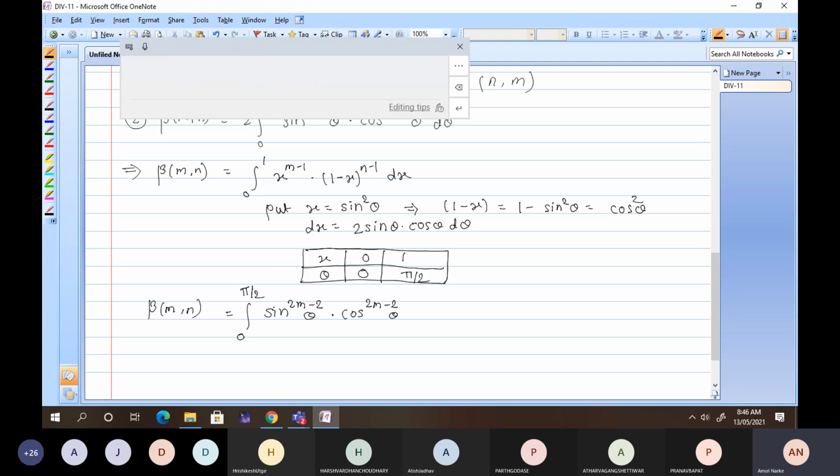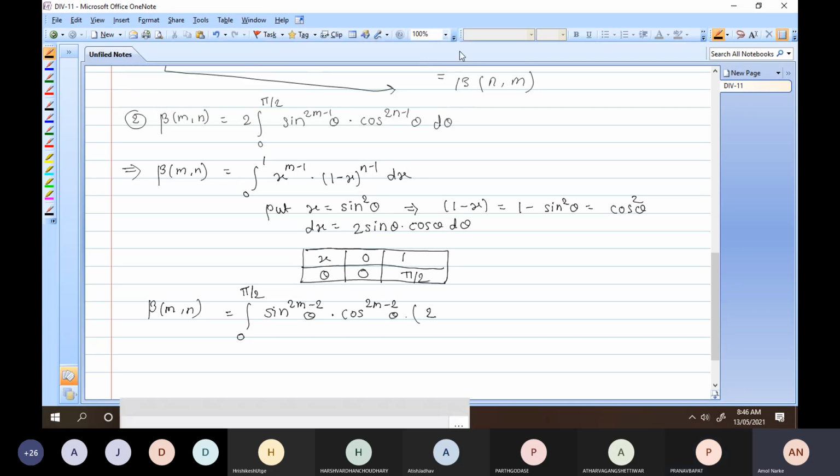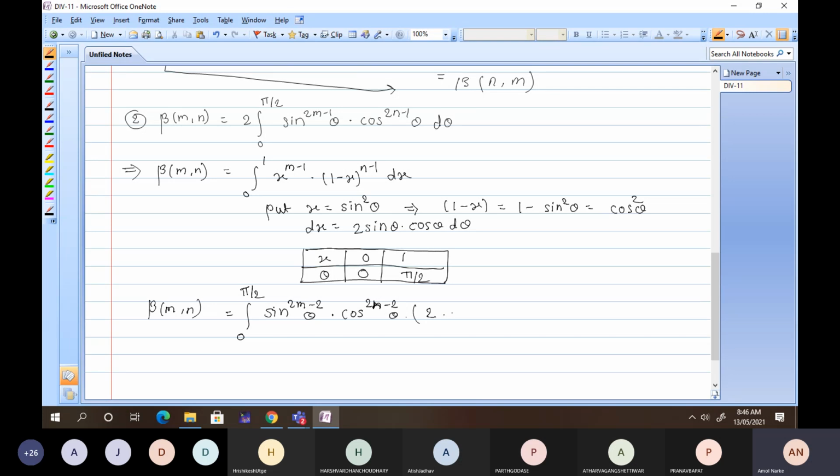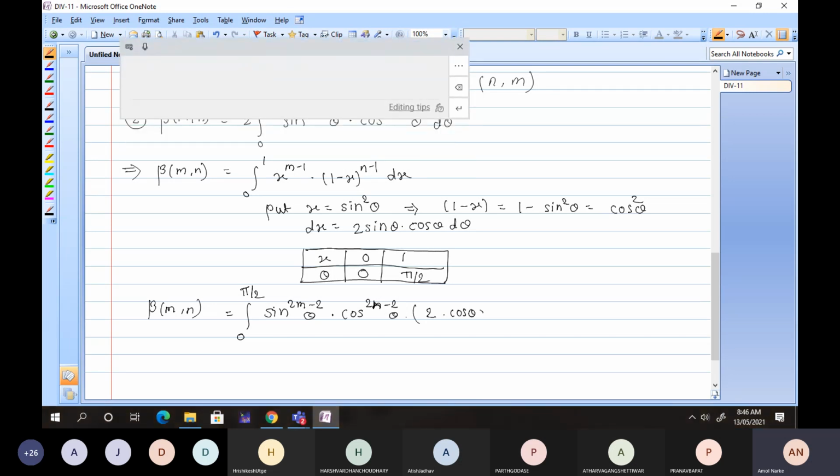No problem. And dx is nothing but 2 cos theta sin theta d theta. So we can simply write it as 2 times the integration from 0 to pi divided by 2.